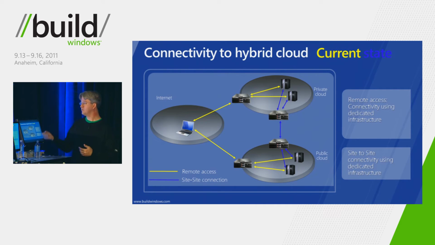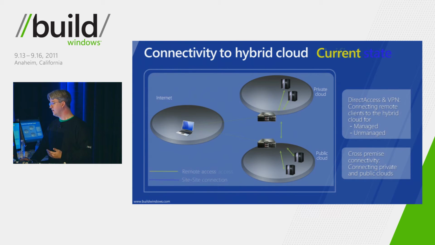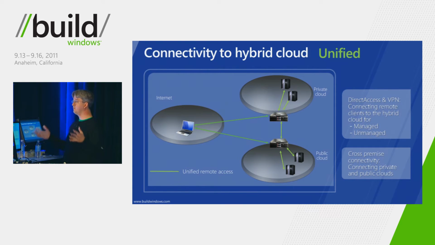Increasingly, though, when you have multiple locations, you also need to connect those locations together. And so commonly what you see then is an additional set of resources or servers dedicated to that site-to-site connectivity. And this is the picture for a lot of organizations today. They have separate infrastructure for remote access and site-to-site access. What we believe will increasingly be important to customers in Server 8 is to be able to unify these things together, to bring together the site-to-site cross-premise connectivity with the remote access connectivity.